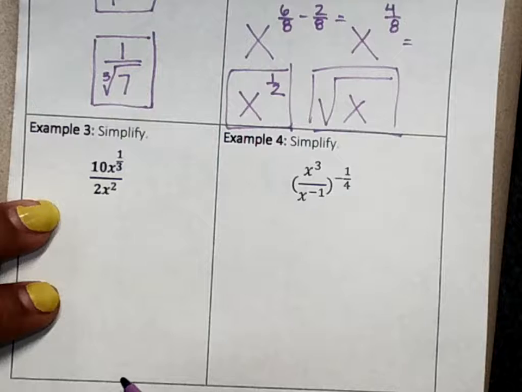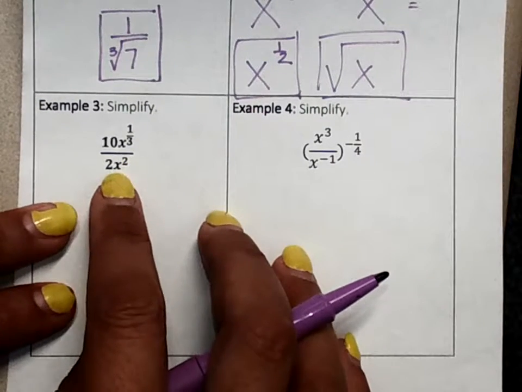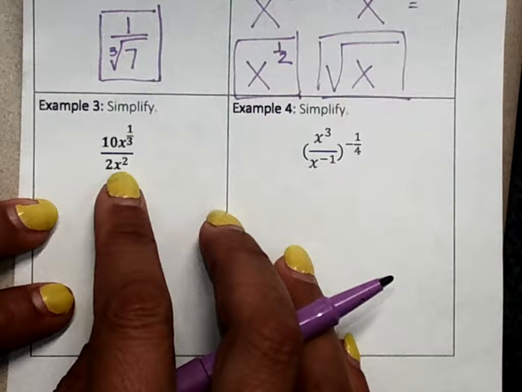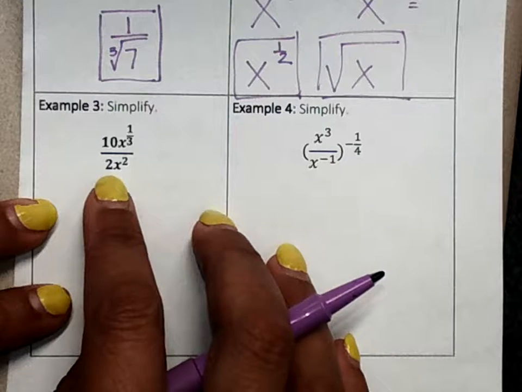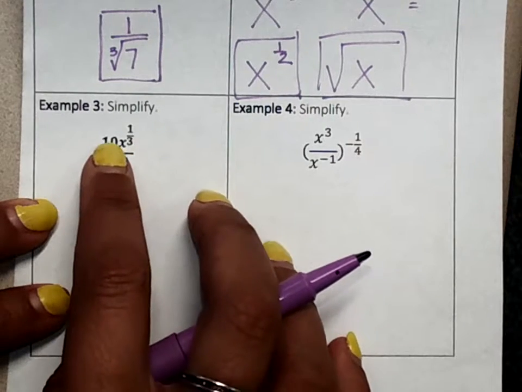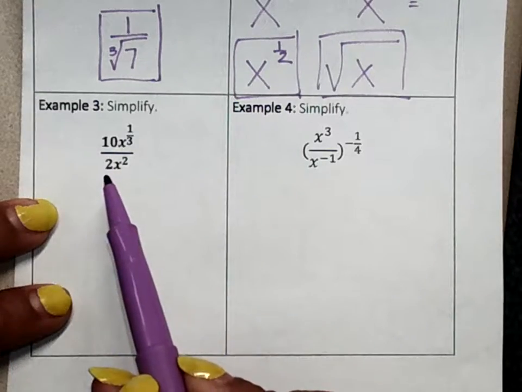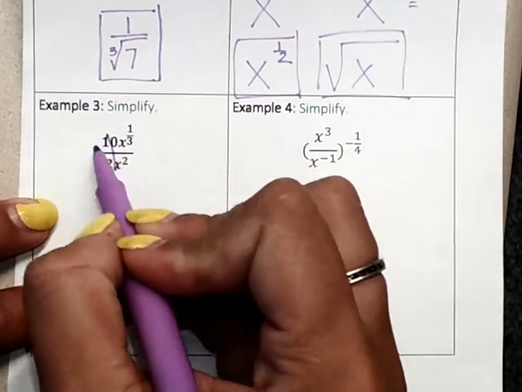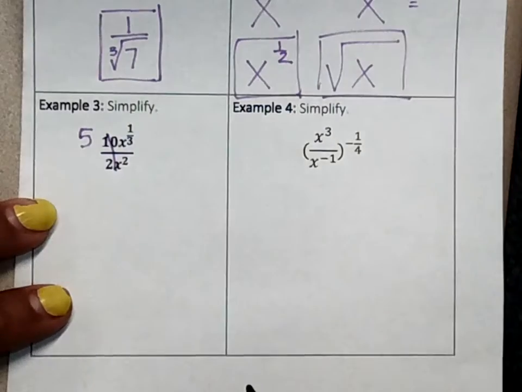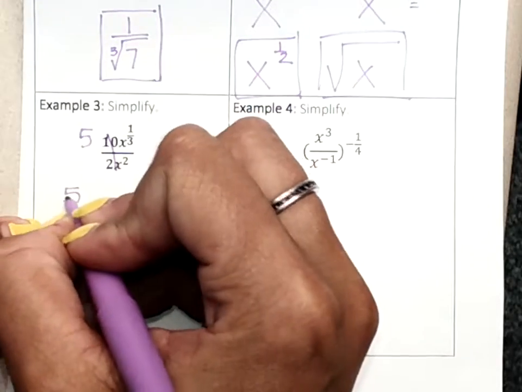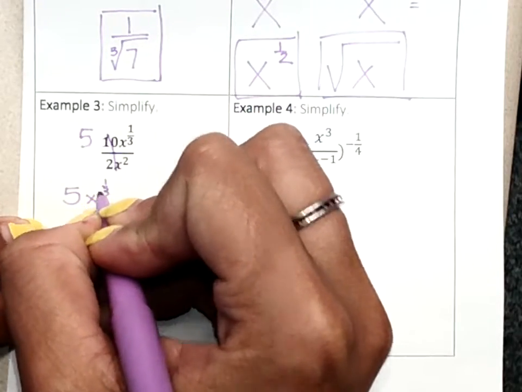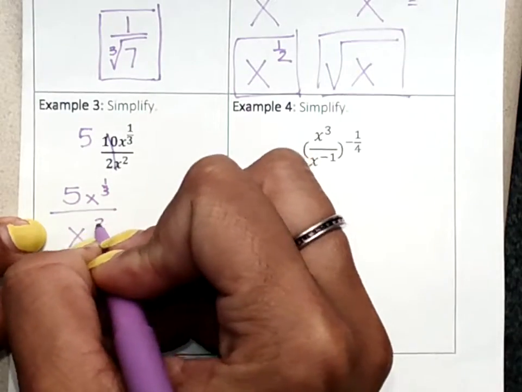In our next set of notes, we now have a coefficient in front of our variables. So before we start with the exponents, let's simplify our coefficients. 10 divided by 2 will give us 5. So now our new term is x to the 1/3 over x squared.